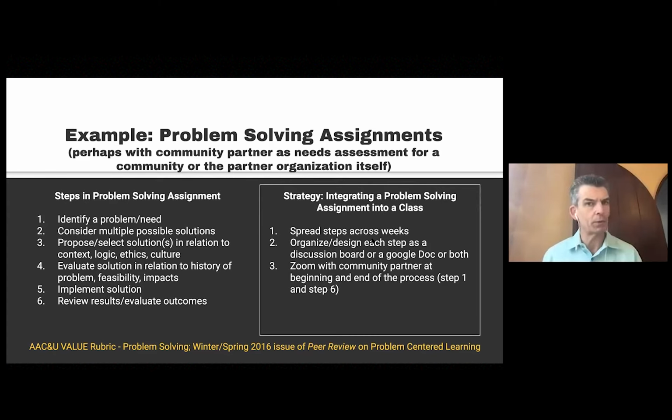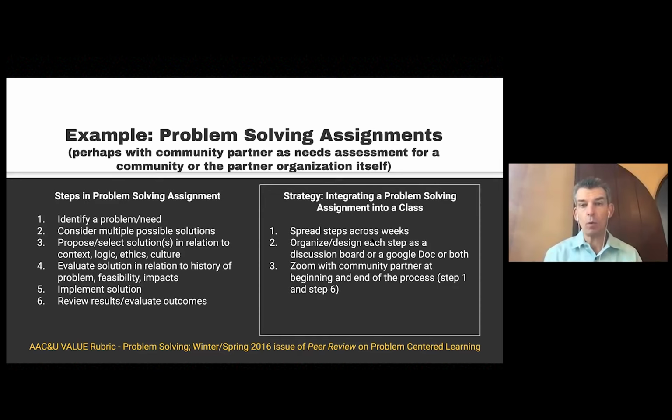What have other people done in the past? What's possible? What's feasible right now as we're in the space after 2020? And what impacts might the solution have? Then, is it possible to implement that solution? And then how can we review the results and evaluate the outcomes?